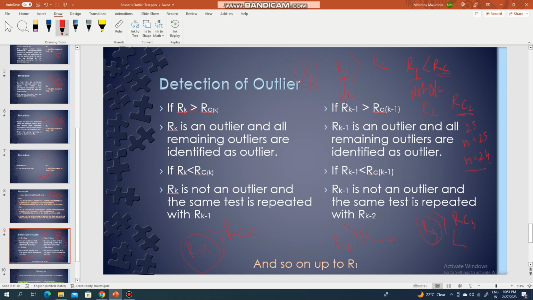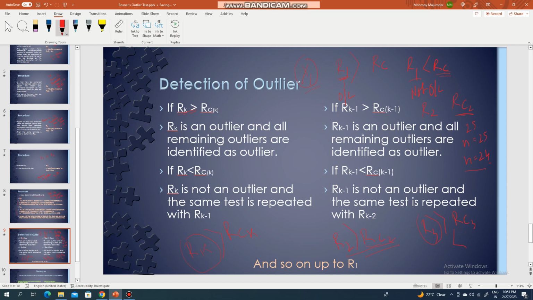But if it is less than RC, then you have to recalculate RC by removing x1 from the total number of data points, and then again compare with R2. As you have removed one data point, I am using the notation RC2.